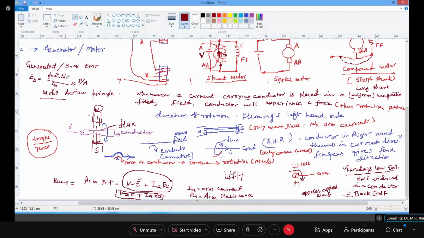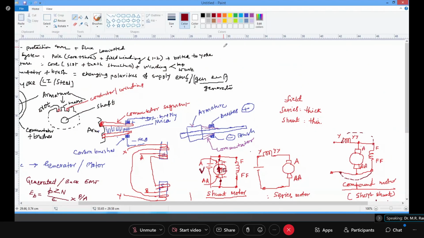Just wait a minute, I will write it here, that is better. So back EMF, normally called EB, or you can say generated EMF, is given by this formula: phi Z N by 60 into P by A, where phi is the flux per pole in Webers.